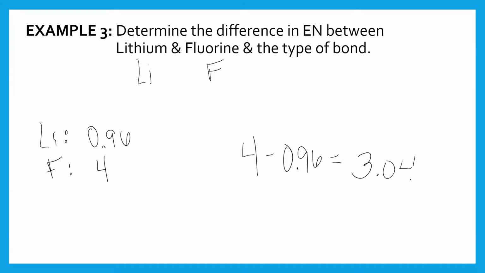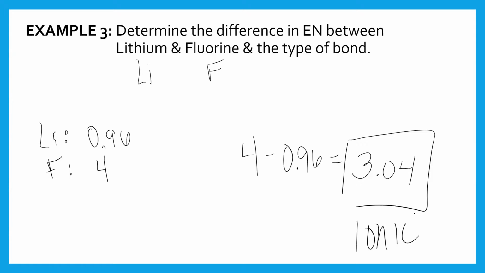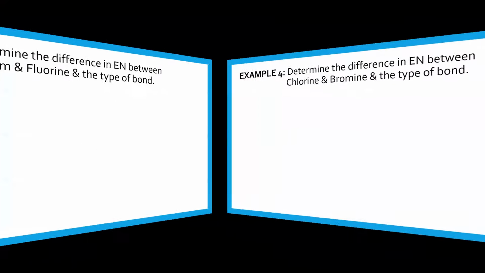So we have a difference of 3.04. Anything greater than 1.67 is ionic. Once again, you have to know the element symbol, consult the electronegativity table, find its values, correctly subtract, and then consult the chart.